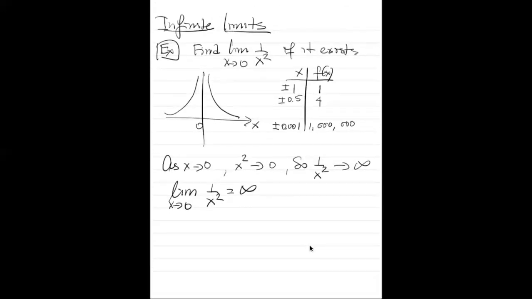So the connection that we see here, we had an infinite limit at 0, and what do we have at 0? We have a vertical line. So there's a connection between a vertical line and infinite limit.